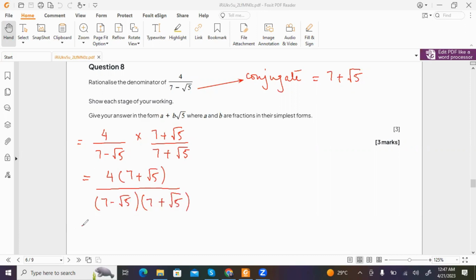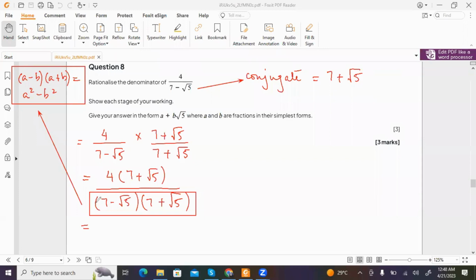Now, if we notice, in the denominator it's basically the difference of perfect squares. a minus b times a plus b equals a square minus b square. We're literally applying the same rule.